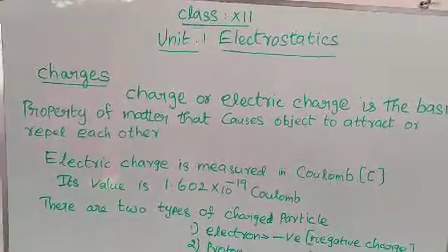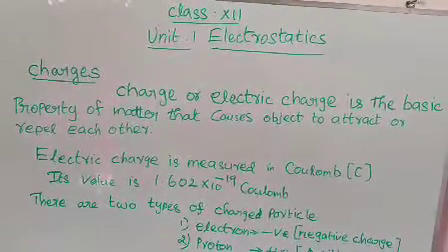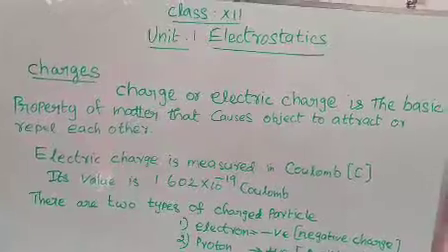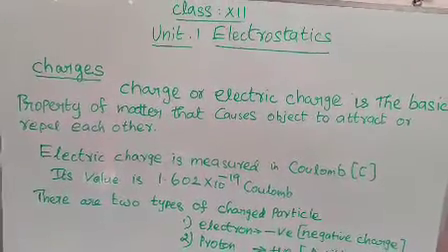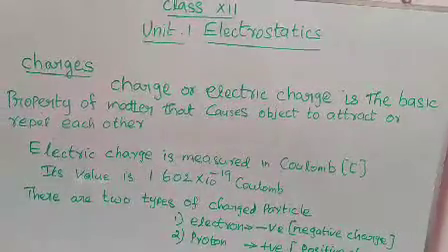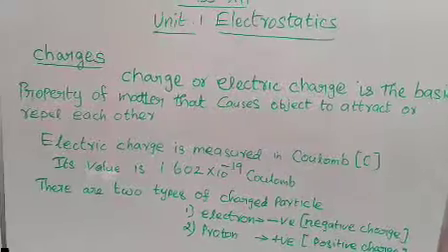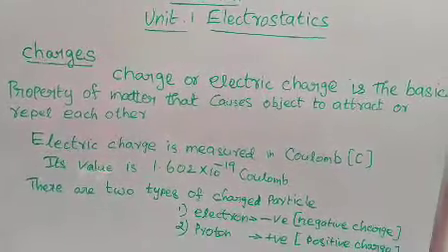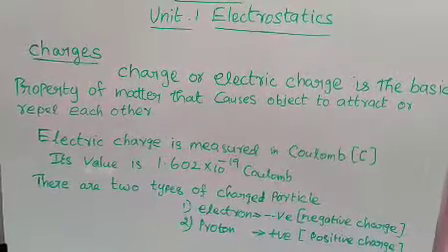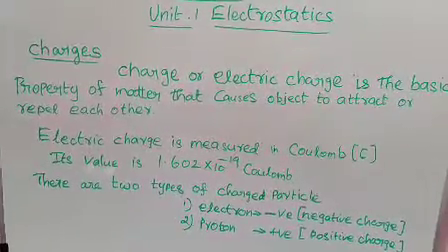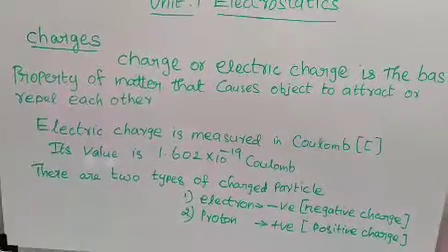Now, how will you define charge? Charge, or electric charge, is the basic property of matter that causes objects to attract or repel each other. Electric charge is measured in coulomb, symbol C. Its value is 1.602 × 10^-19 coulomb.